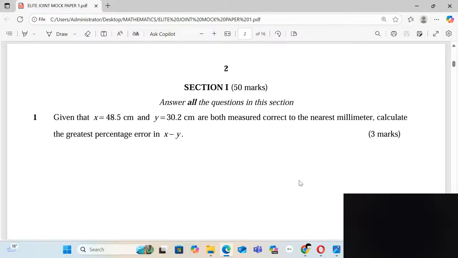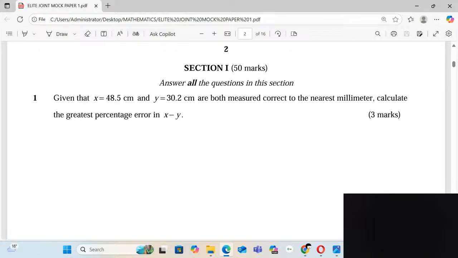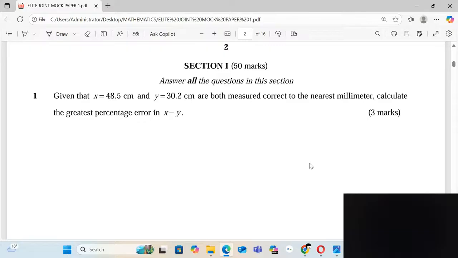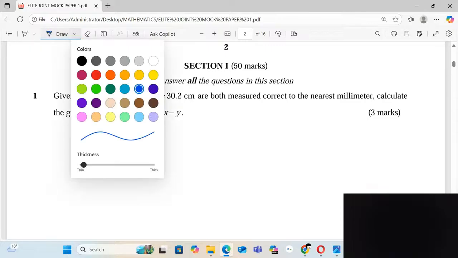Our x is 48.5 and y is 30.2. For this case, we look at the maximum difference, the actual difference, then the maximum absolute error. Since they want the greatest percentage error, that is the maximum percentage error. So we start with the maximum difference.